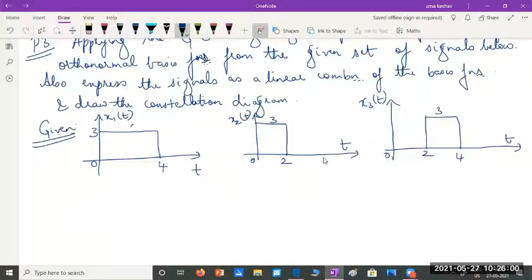See, when do you say a signal is independent? When you can't express it in terms of the other signals. So that's what you're supposed to look for. Just see if you can write one signal in terms of the other signals. Can I write any one signal in terms of other signals here?